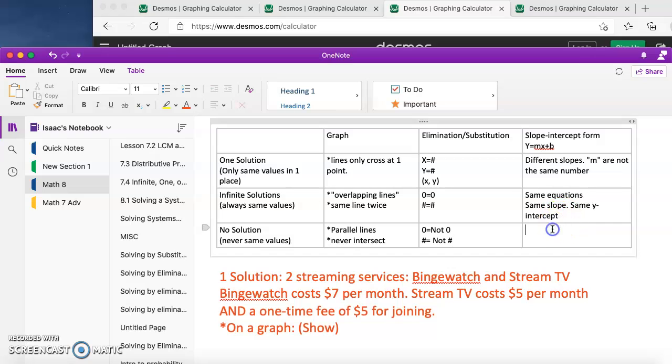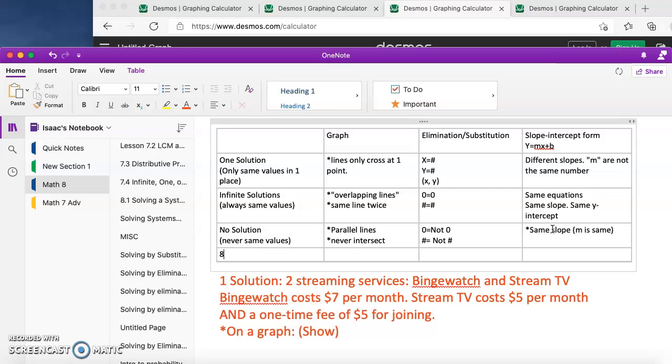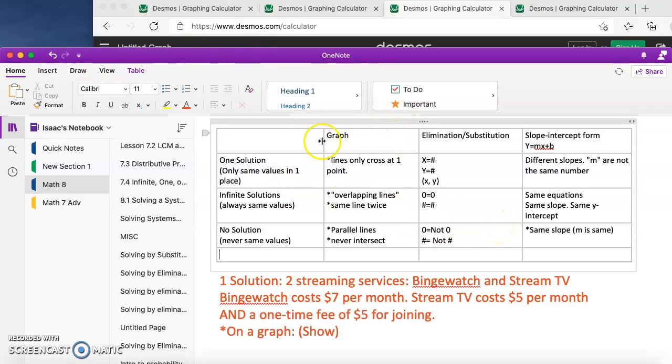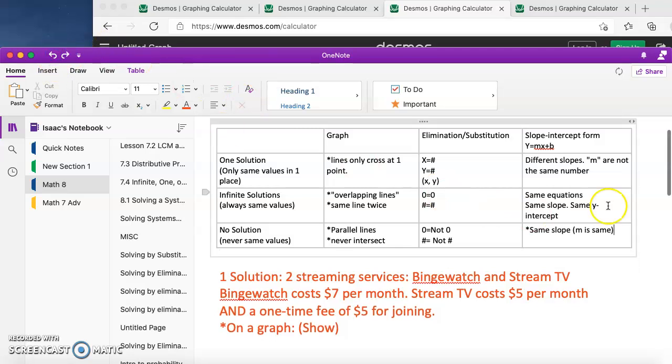And if I'm using slope-intercept form, then I can tell right away if they've got the same slope, or the same m, but same slope, but they've got a different y-intercept.